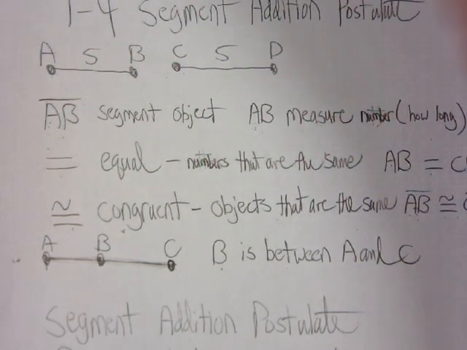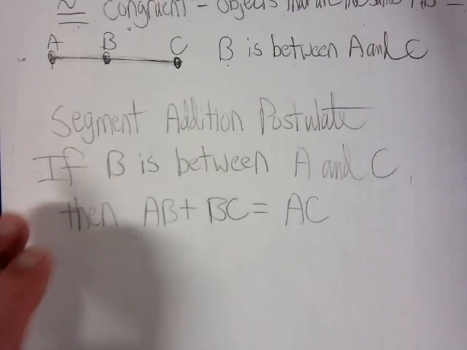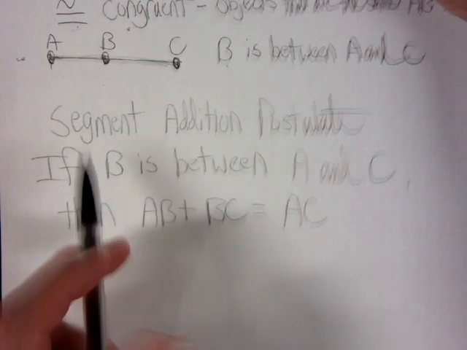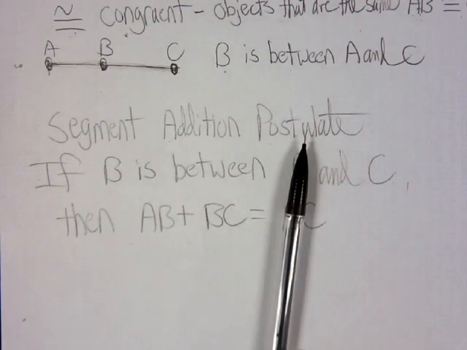Now, we're ready to look at the segment addition postulate. By the way, this word postulate is just a word that means a mathematical statement. Geometry is kind of the first math course that you come to where you're looking at a lot of mathematical statements like theorems, postulates and corollaries.